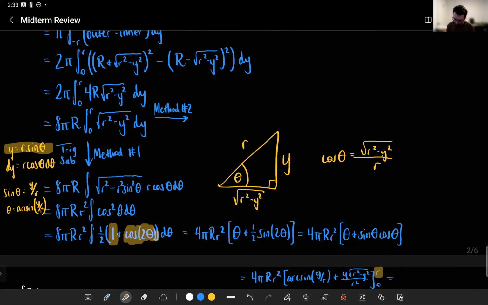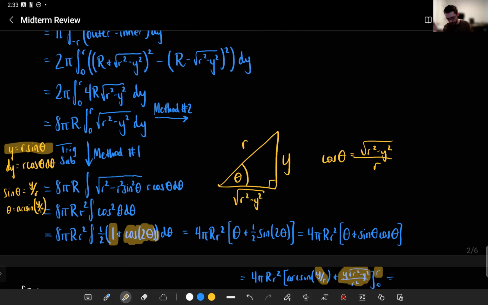If I plug in r, I get r over r, which is 1. And then we ask ourselves, when is sine equal to 1? That happens at pi over 2. So great, we get pi over 2 for that. And then if I plug r in here, guess what? Under that square root, I get r squared minus r squared, which is 0. So that goes away.